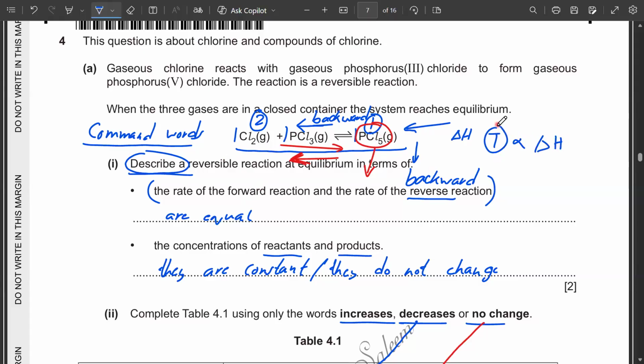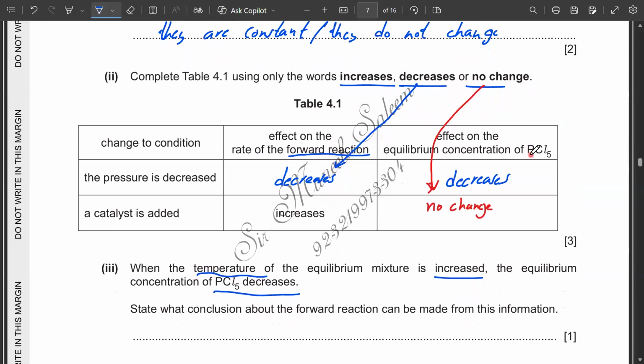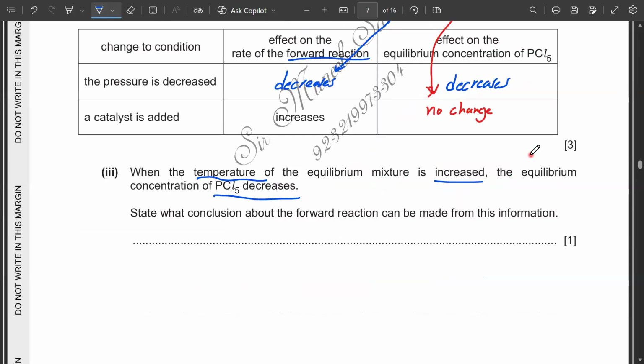If we are increasing the temperature and equilibrium is shifting toward the reactant side, it would mean that delta H of this reaction is exo. That is why it is shifting towards the reactant side. And also write the forward word here.